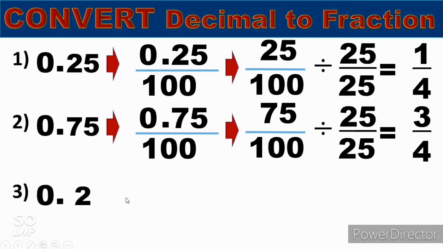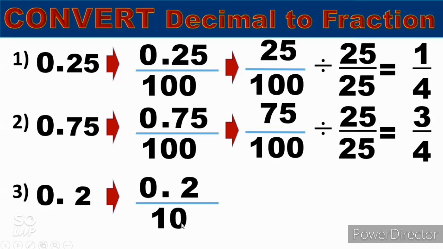Next, number 3, 0.2. Then it is equal to 0.2 over 10. We divide by 10 since 0.2 has only one decimal place. Okay, so if you're going to compare, 0.75 has 2 decimal places, 0.25 has 2 decimal places.